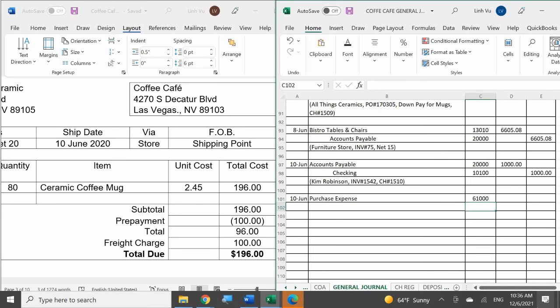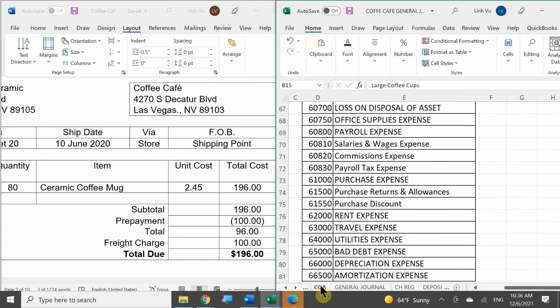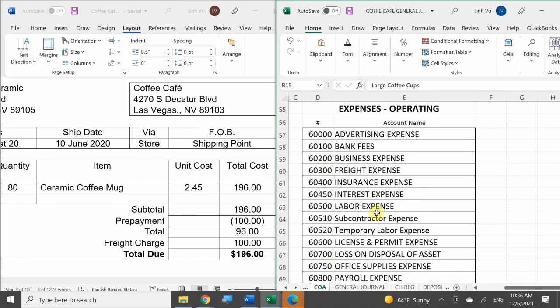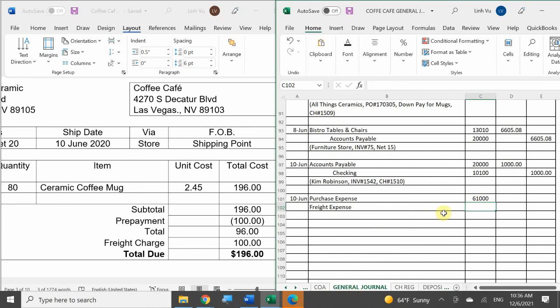Now in this case, is there freight that we have to pay? Yes. So therefore, we must separate our freight expense. Let's take a look at our chart of accounts. What account number is our freight expense? 6300.